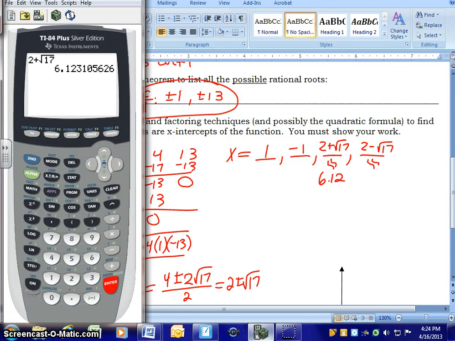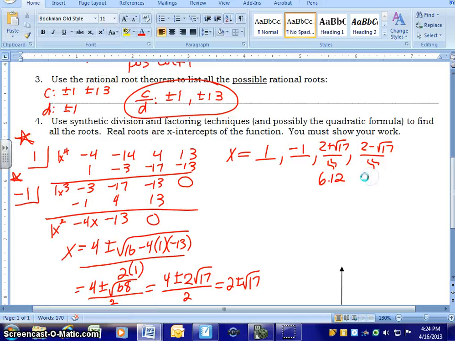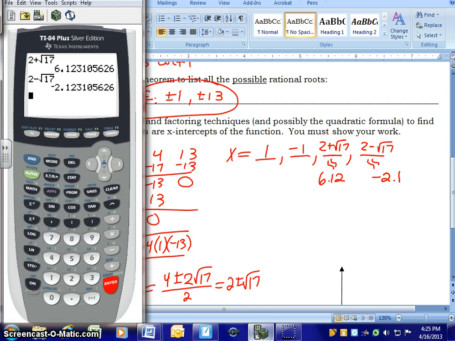Then if we do the other one, I'm just going to go second enter, then go over to the minus sign and change that. So that's 2 minus radical 17, and then push enter to get negative 2.1. So we got both of those from the calculator.